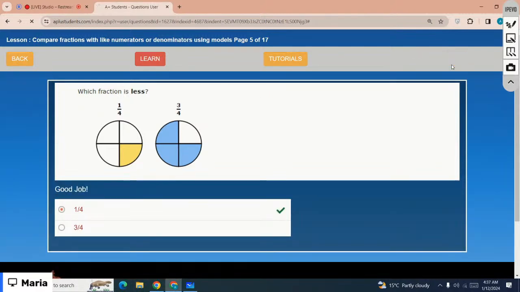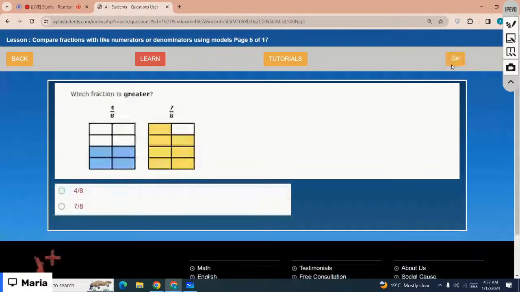Okay, the next one is which fraction is greater? 4 over 8, 7 over 8. Which is the correct option? Yes, 7 over 8 is greater than 4 over 8.